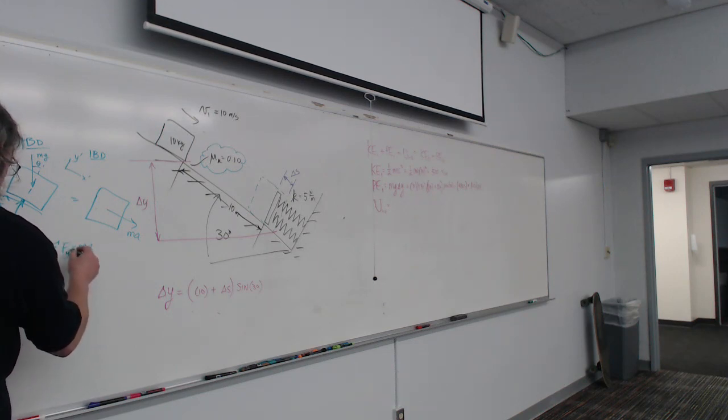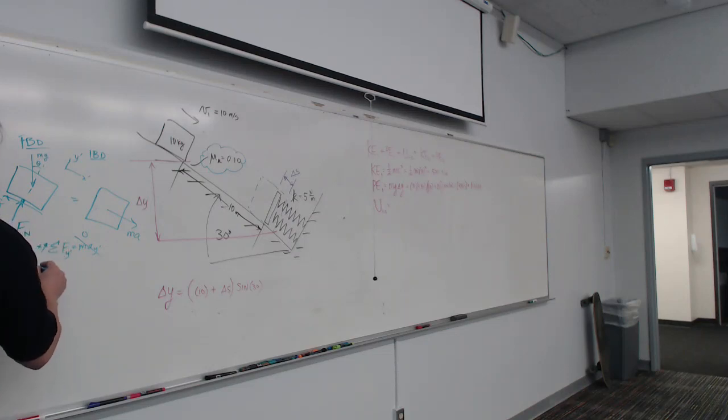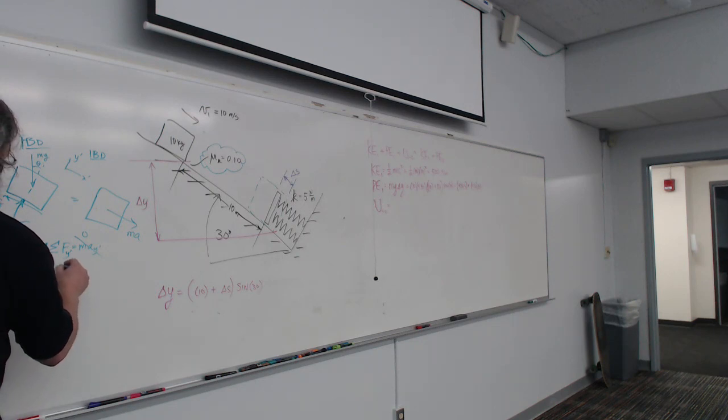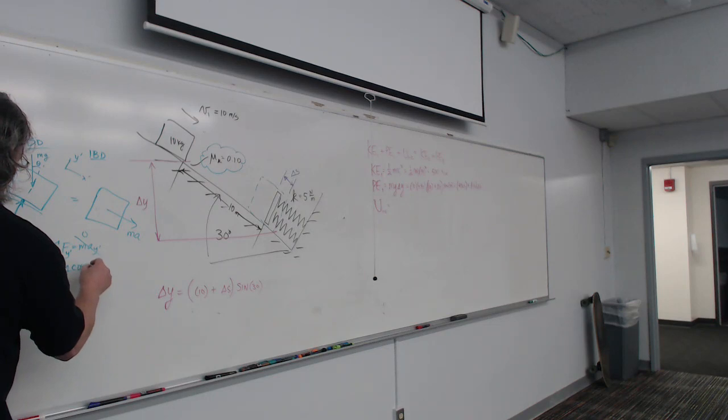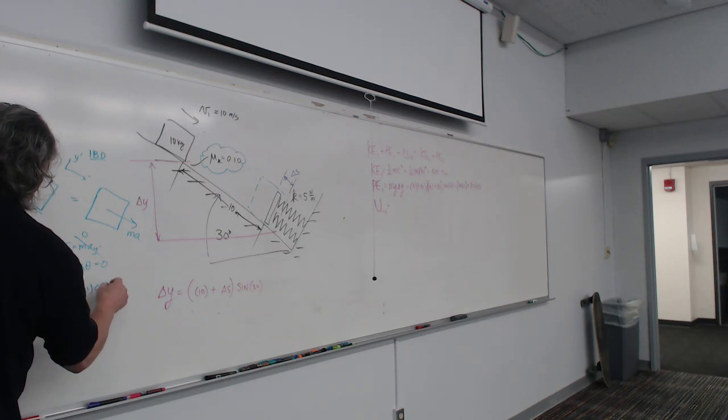The sum of the forces in the y prime direction is going to be 0, because it ain't going anywhere that way. So we go Fn minus mg times cosine, right? So Fn is going to be 10 times 9.81 times cosine of 30.